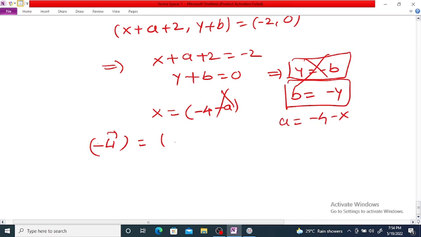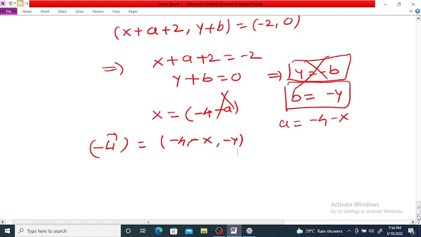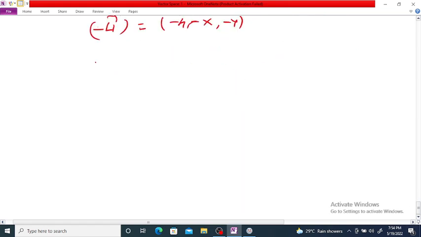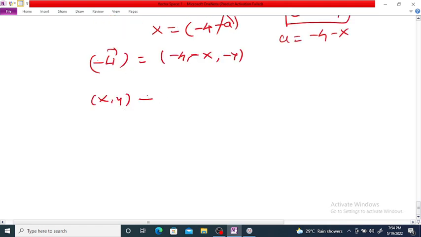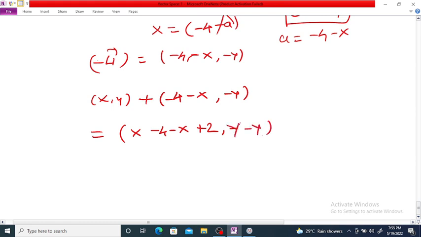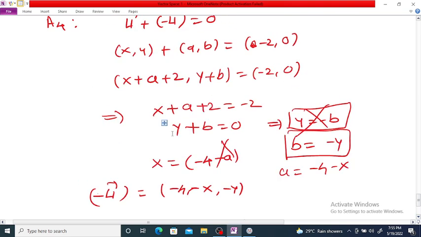If we take any vector xy and add to that vector minus 4 minus x, minus y, then the output is x minus 4 minus x plus 2, and y minus y. Here x minus x gets cancelled, and it is minus 2, 0, but we want 0 0.